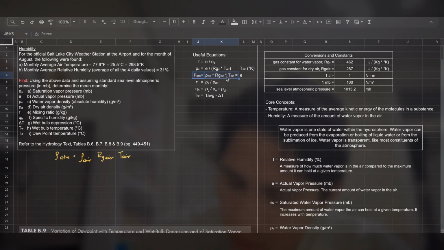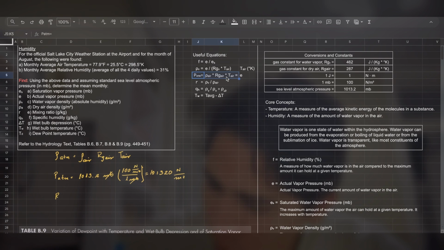Now for this, the atmospheric pressure, we're going to use 10.13, sorry, that's not point, it's 1013.2 millibars. Now we need to convert these millibars into newtons per square meter. So millibars cancel, and we're going to get 101,320 newtons per square meter. That's the atmospheric pressure.